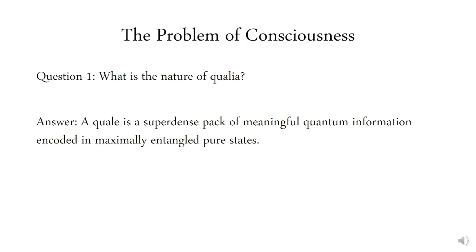What is the nature of qualia? Here, the term qualia refers to subjective experiences, conscious percepts, or simply percepts. Qualia is plural for quali. According to the Qubit theory, a quali is a superdense pack of meaningful quantum information encoded in maximally entangled pure states.